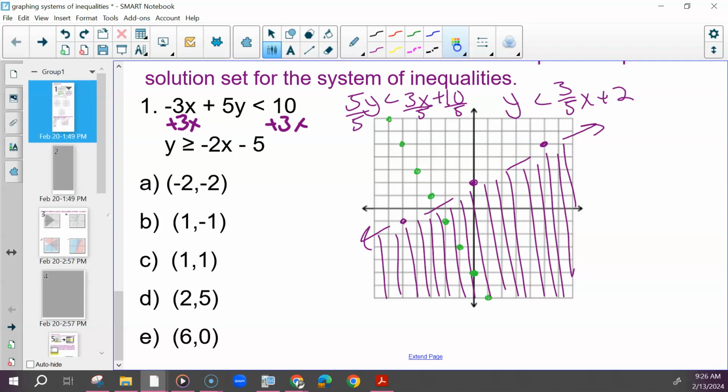Would that one be dashed or solid? Shaded above or below? Above. So that's going to be everything over here.